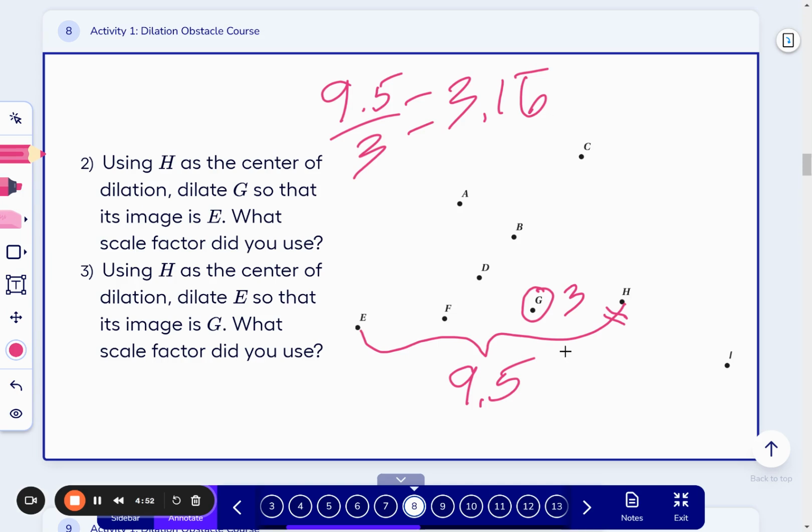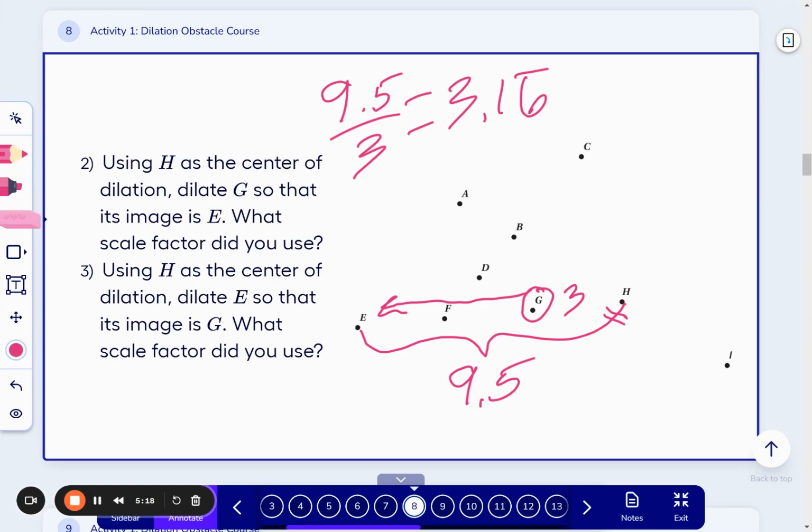What's the scale factor you used to move from H out to G? Yeah, I still think that's 3. So if I use H as my center, I made it bigger. So notice this number is bigger than 1 because I moved G out to here.